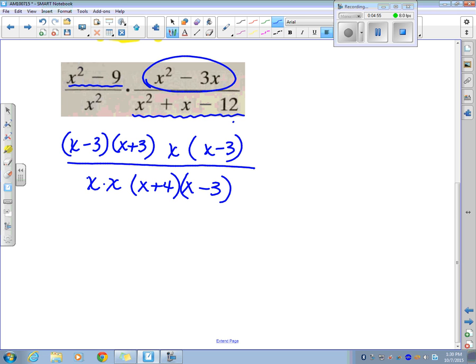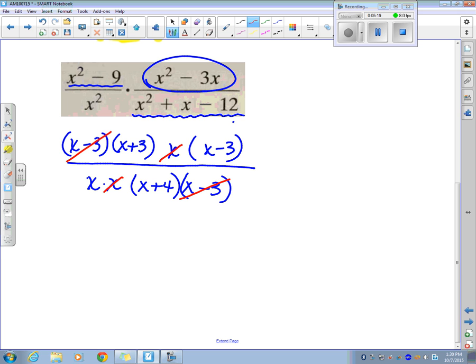And I use the guess and check strategy, but if you're stuck on that, you can use the lattice or the x or some way to factor that trinomial. But pretty much what happens, and I'm not going to rearrange them this time, I think we kind of get the idea. X minus 3 over x minus 3 is 1. X over x is 1.